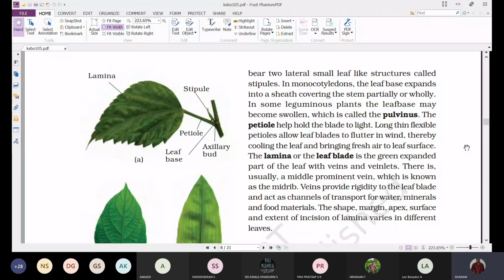And next, the lamina. The lamina or the leaf blade is the green expanded part of the leaf with veins and veinlets.